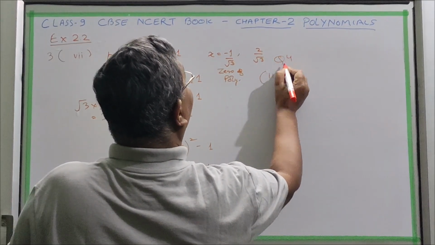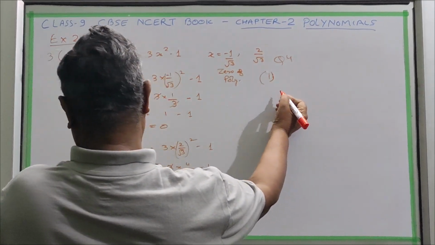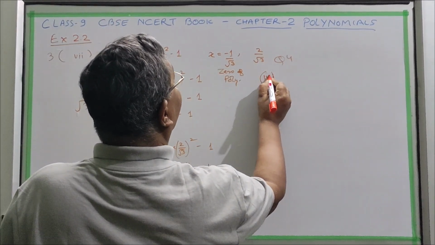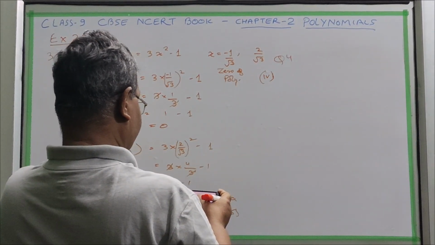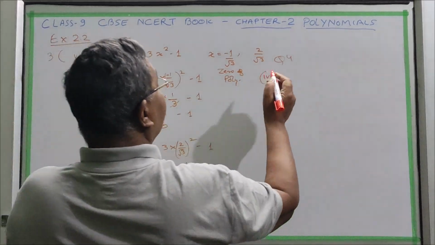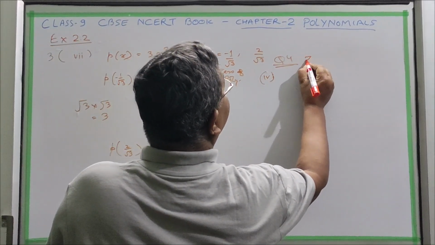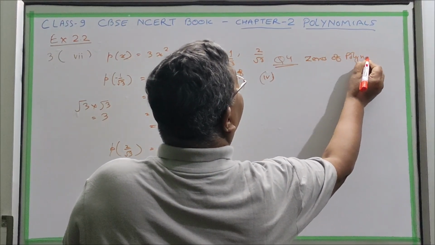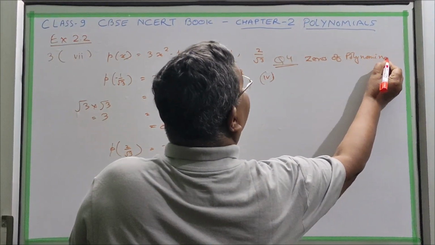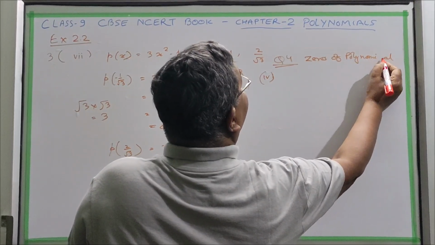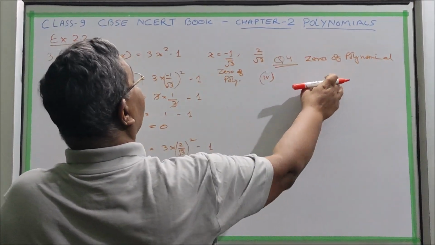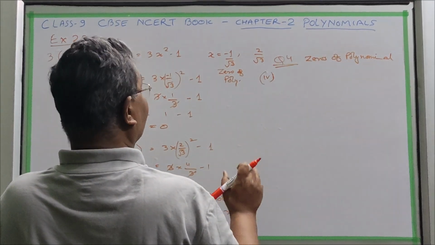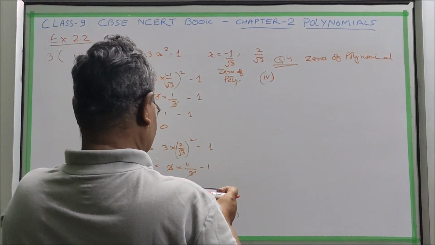You have to find the zeros of the polynomial. Zero of polynomial means if you put the value, the answer should come to 0. If it comes to 0, it is a zero of the polynomial.